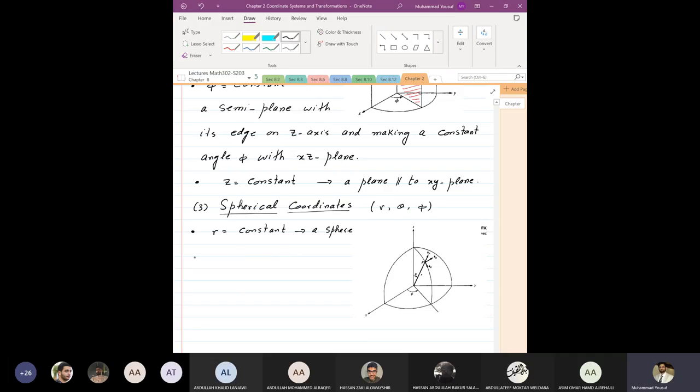Now, number 2 is theta. Theta goes from the positive z-axis to the negative z-axis. So, theta is a constant. Let me see who thinks of some surface when theta is constant.